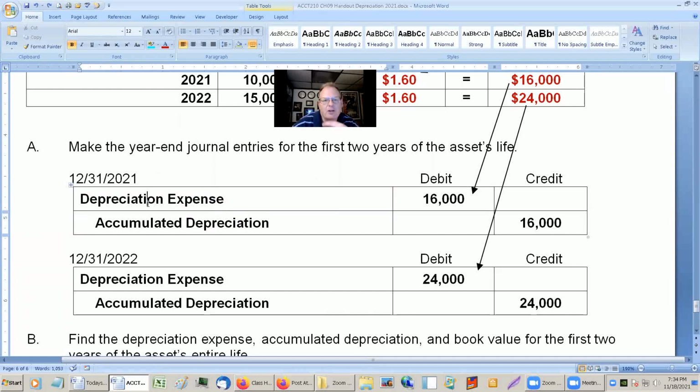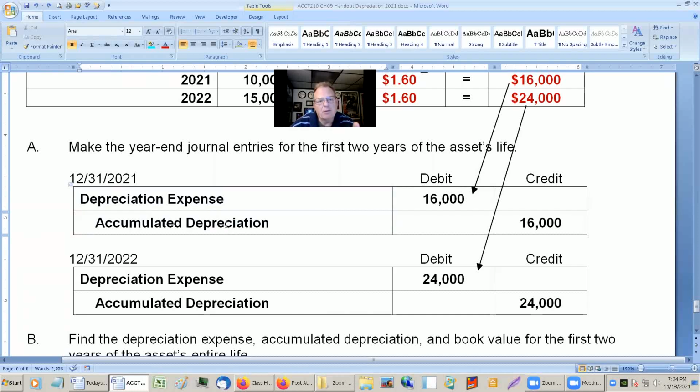So let's say you paid your rent for the month. You'd have rent expense, and what would be the other account? What do you pay your rent with? Cash. Notice something about this entry. There's no cash.